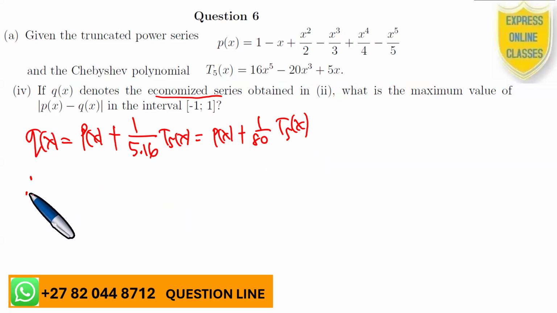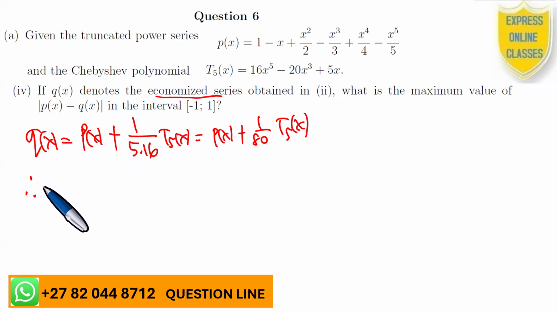And then we continue to say, therefore, the modulus. What is the maximum value of these? Because Q of X is the economized one, what is the maximum value of P minus Q?